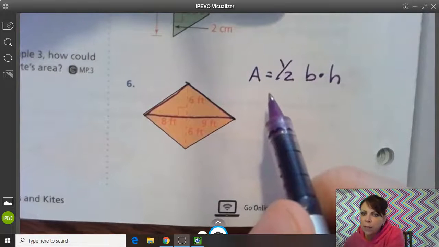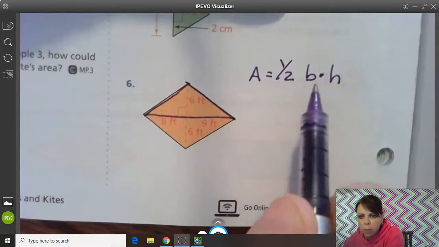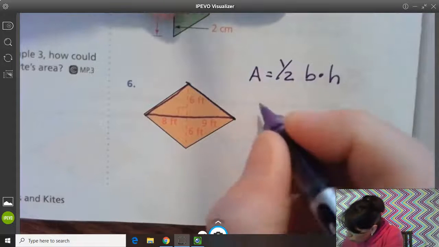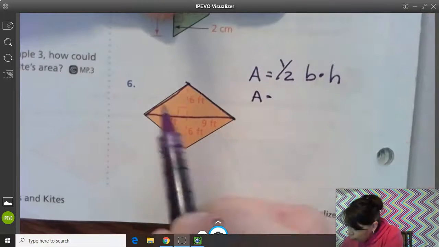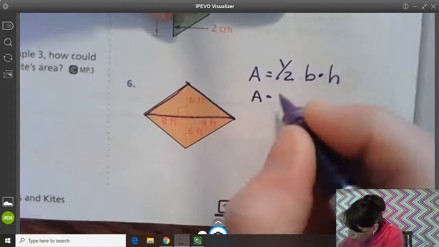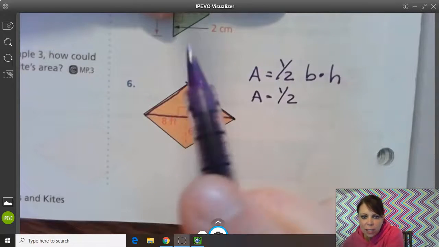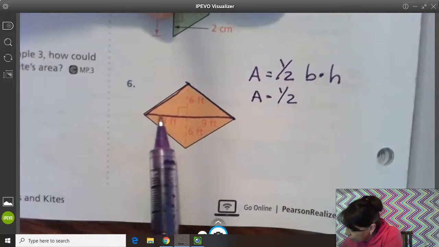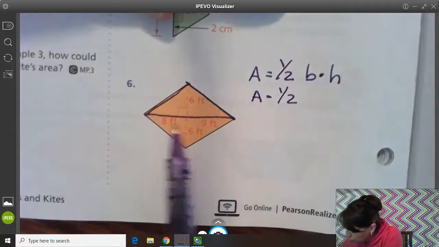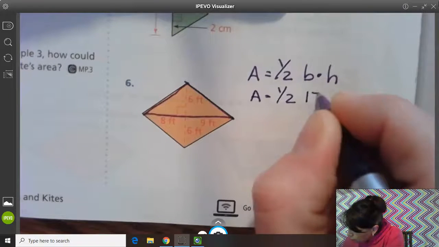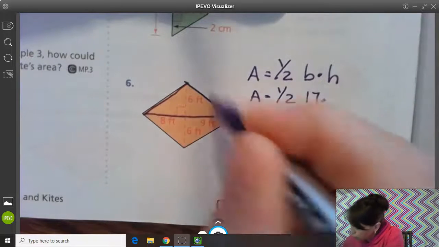All right, so let's just go ahead and try to solve this then. Remember that the formula for the area of a triangle is half of the base times the height. So we're just going to worry about the top triangle right now. The area equals half of the base, again, is 17 because I have to add together both measurements, 8 and 9. So 17 times the height, which is 6.